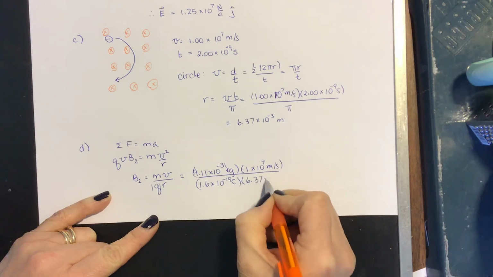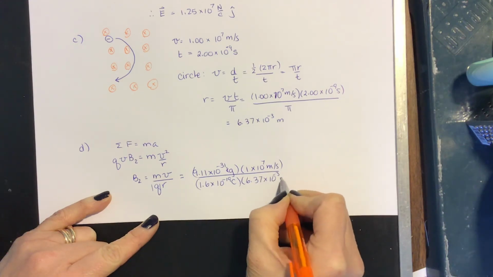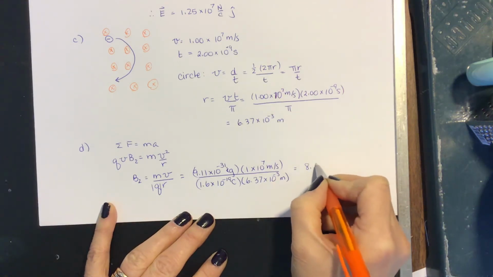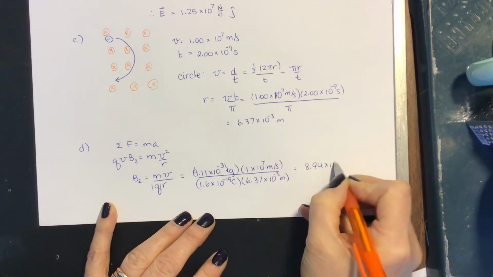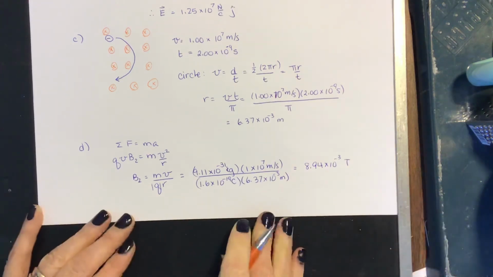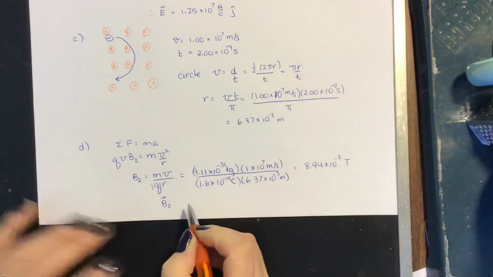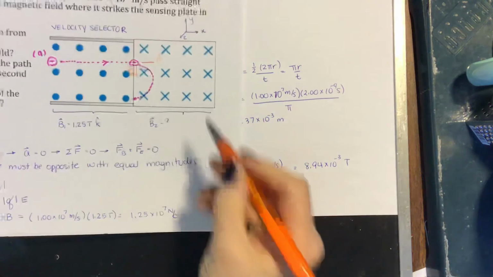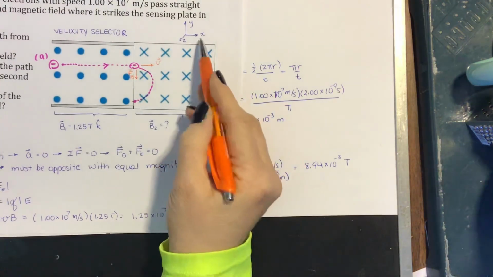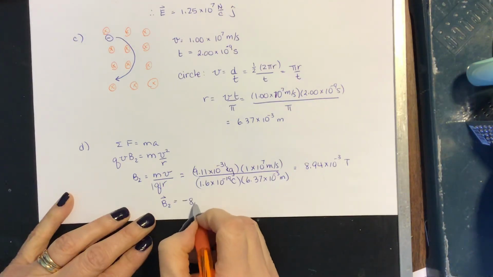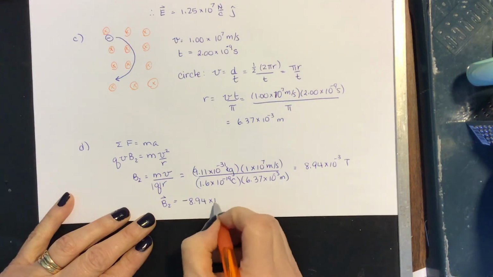And that gives us the size of the magnetic field, 8.94 times 10 to the minus 3 teslas. Magnetic field, of course, is a vector, so we should write it down with a direction. From the picture that was given, we know the direction is into the page, which is negative k hat. Okay, so that finishes up that section.